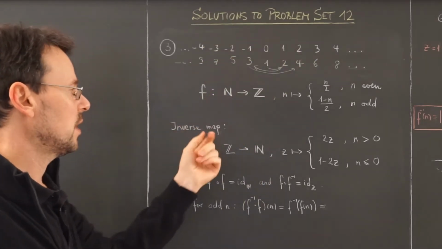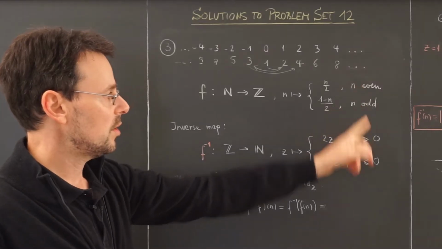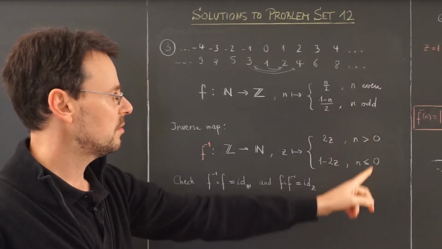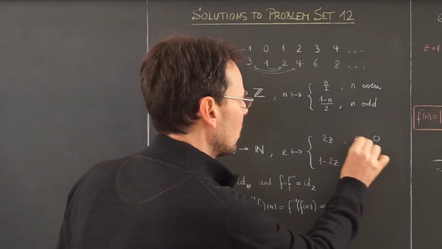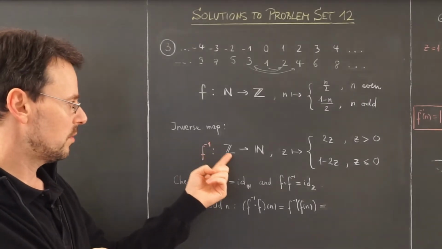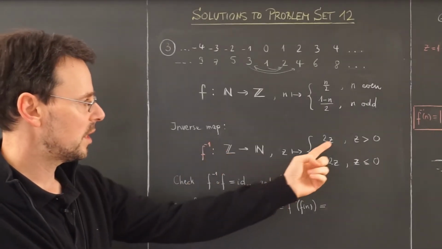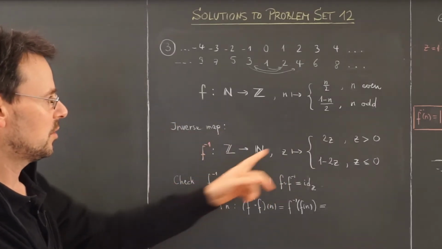Well, we just have to take a look. Now the distinction is not between even and odd numbers, but between positive numbers and negative numbers. To make it even more clear that we're now going from the integers to the naturals, I call the variable now z for an integer number.